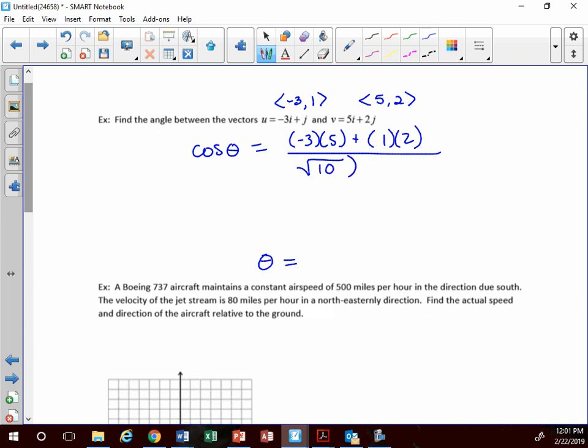And then times the square root of 29? So that's really -13 over root 290. Then what do you use on your calculator to actually find an angle? Inverse cosine, yes. And hopefully you got 139.8.